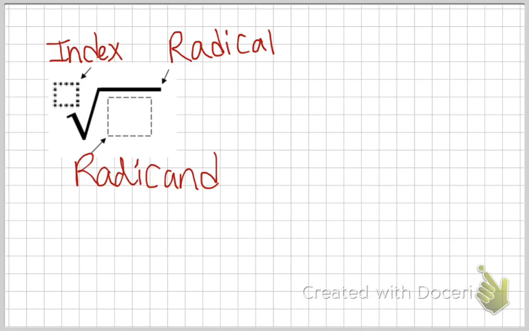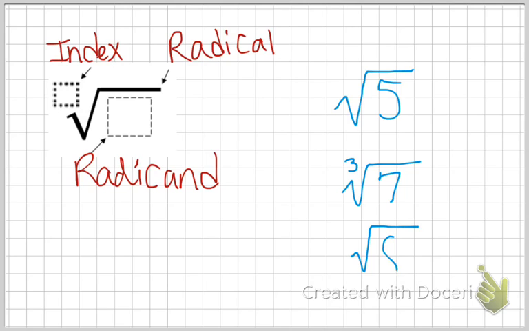So, I'll give you a few examples of how you're going to see this. Let's say we have the square root of 5, the cube root of 7, the fourth root of 8. As you can see, I'm naming the index.